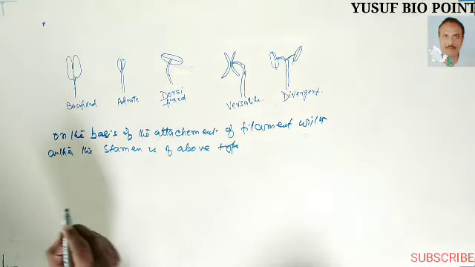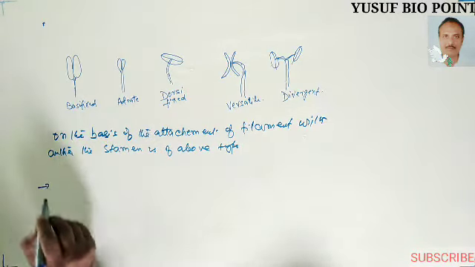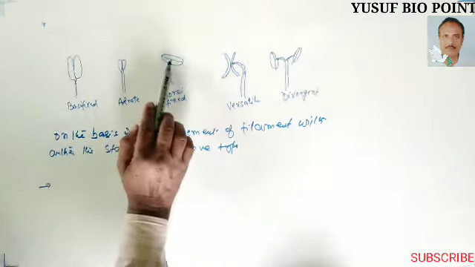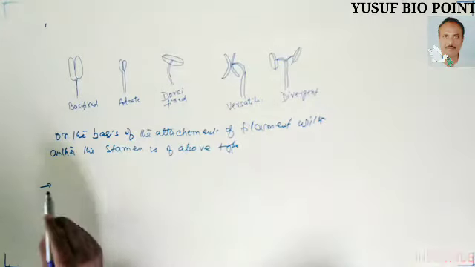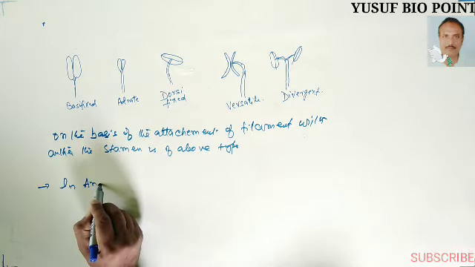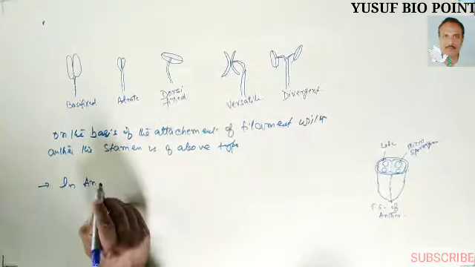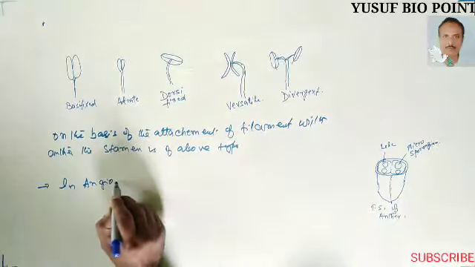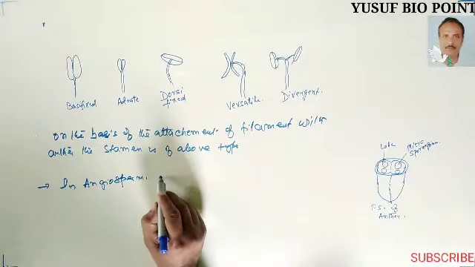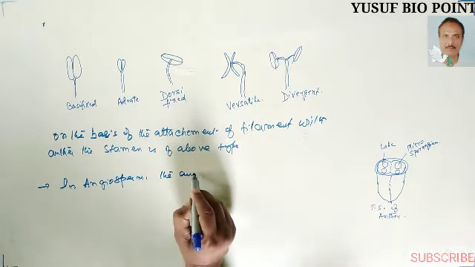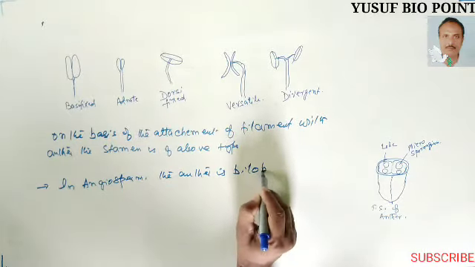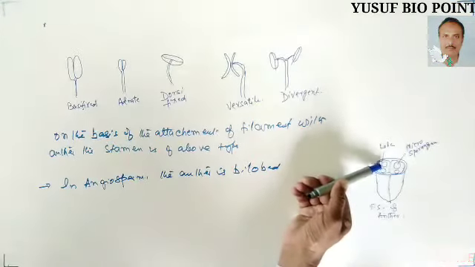Now we see that in each case the anther is bilobed, having two lobes, means in angiosperms the anther is bilobed. Here you see that is one lobe, second lobe.